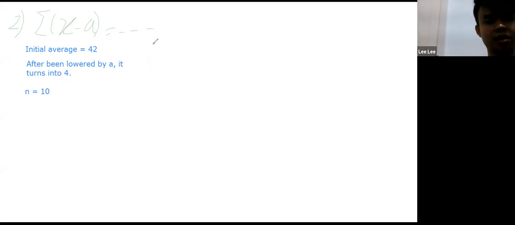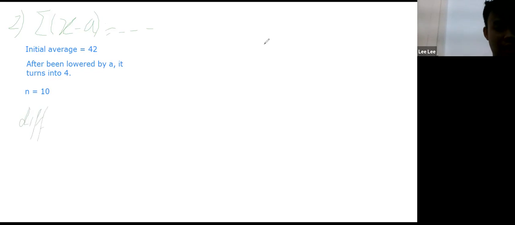Okay, so let's say he wants you to calculate the sigma x minus a. Then he tells you the initial average is 42, and the final average after you lower by a is 4. So the n is 10. How much is the difference between 42 and 4?